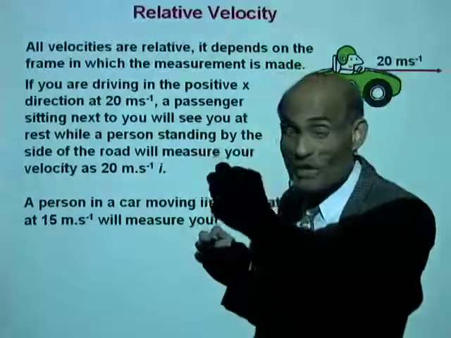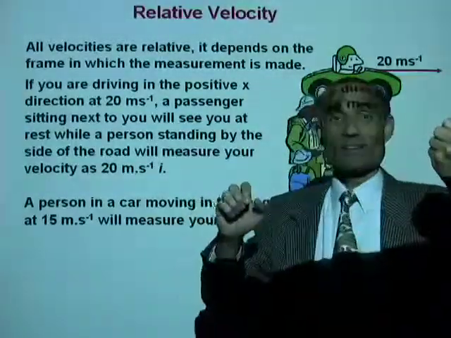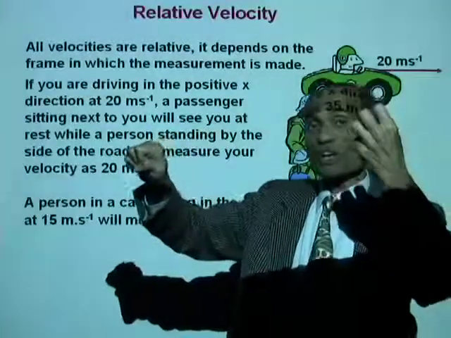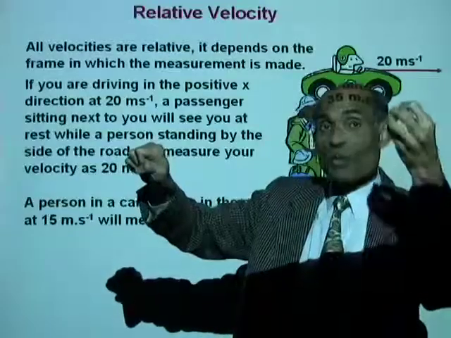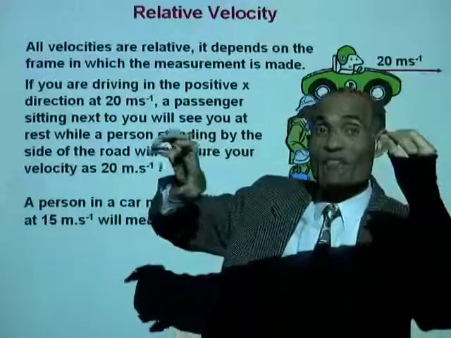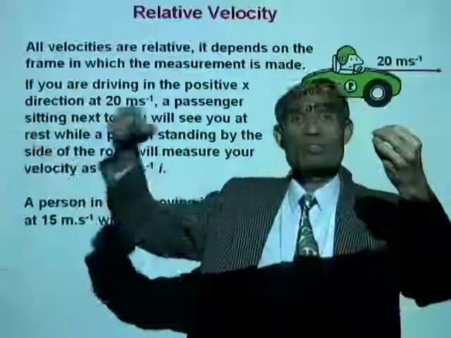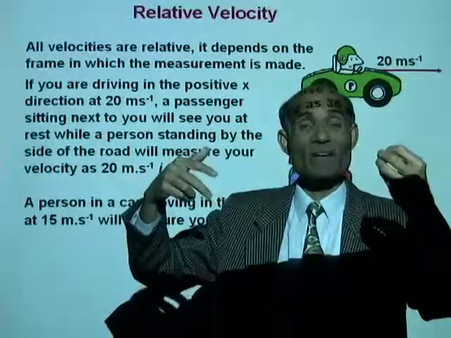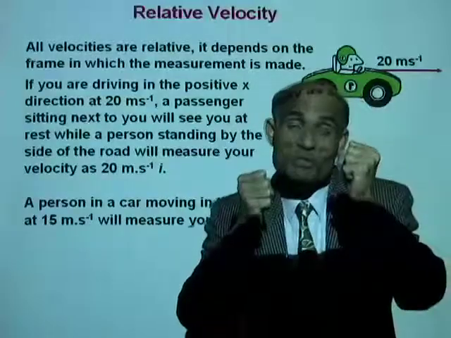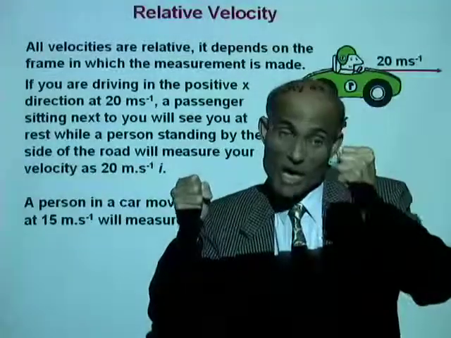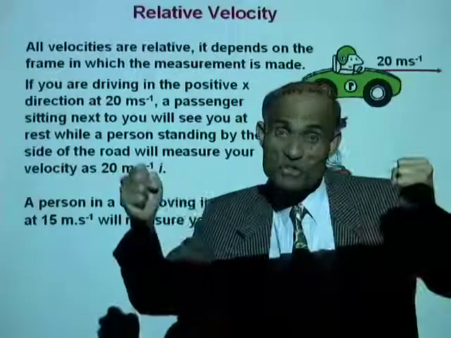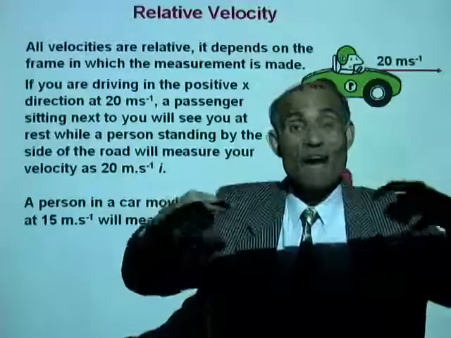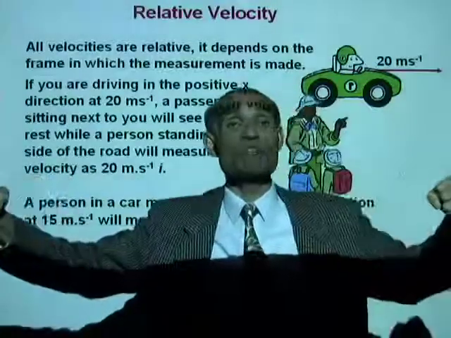The person in the second car is moving west and you are moving east. So the person in the car that is moving west will see you moving away from him at 20 plus 15, that is 35 meters per second. In fact, the distance between your car and his car is changing at the rate of 20 plus 15, 35 meters per second every second.